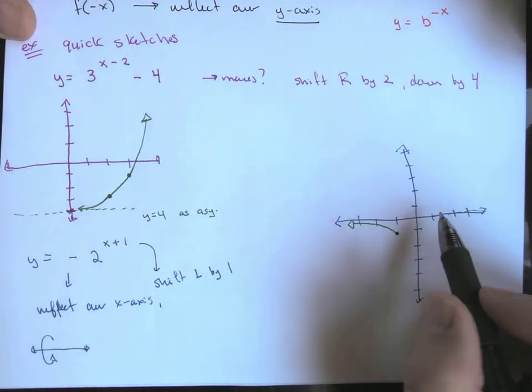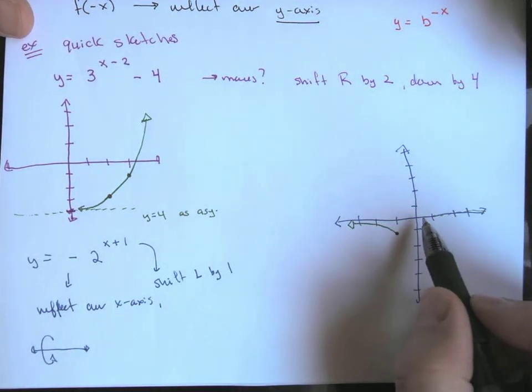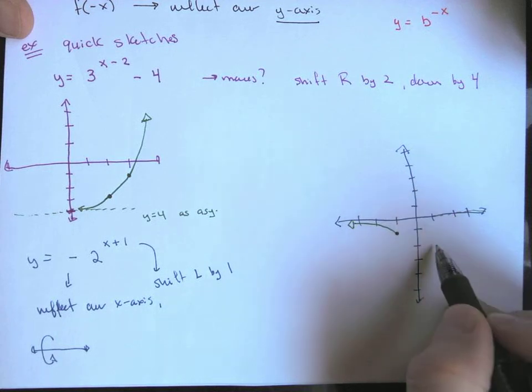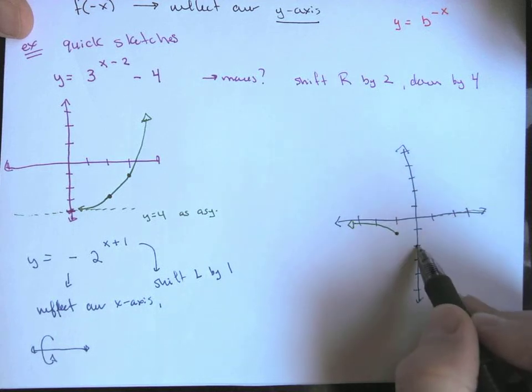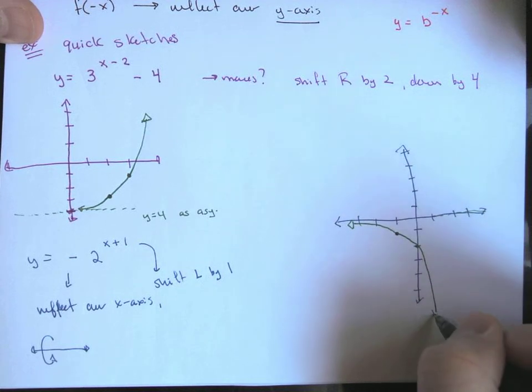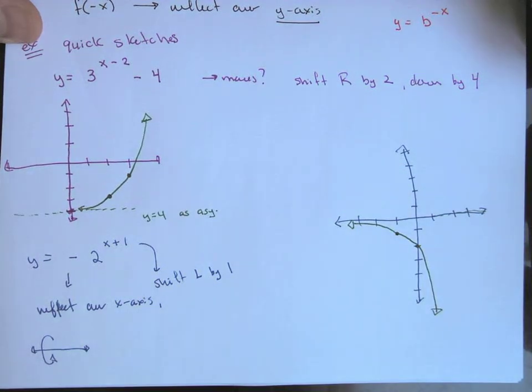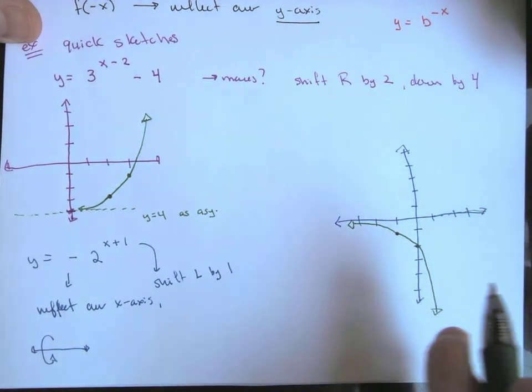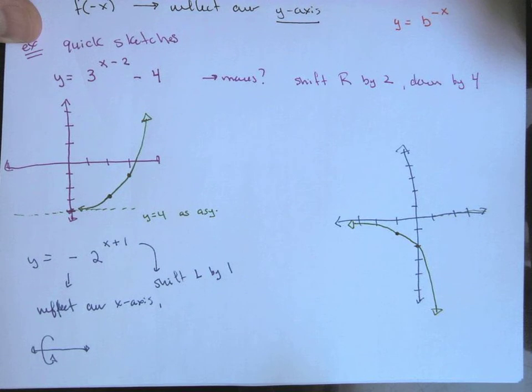So what would our next point be? Maybe 1, 2. So we're flipping that to here, and then 1 to the left. Maybe our growth portion looks something like that. So we're going down and to the right, and then up towards this. The whole thing is shifted 1 to the left.